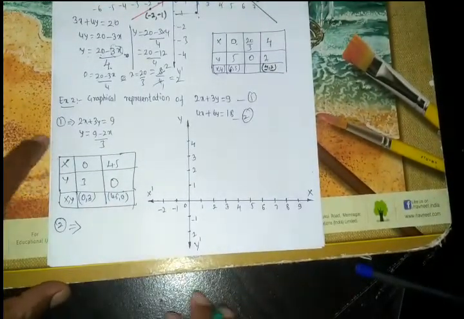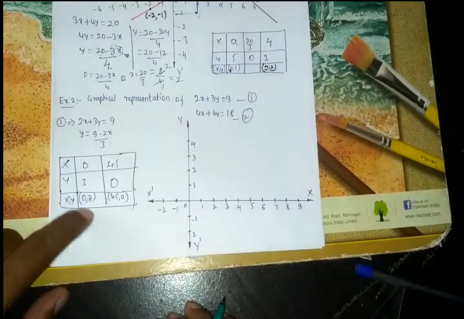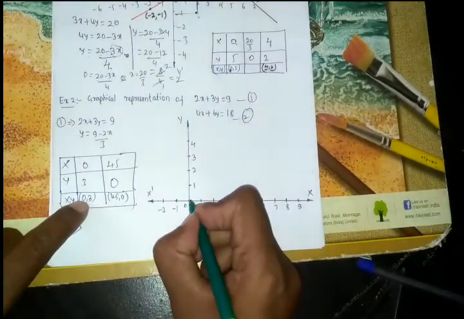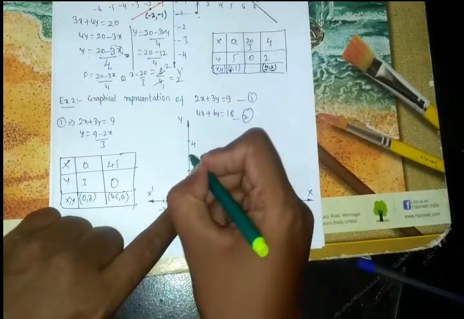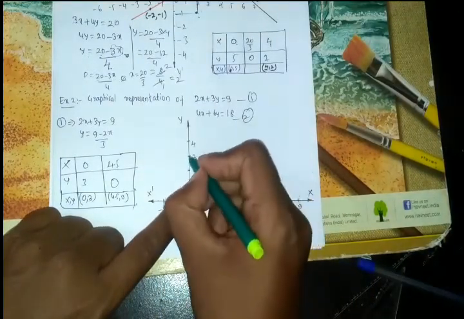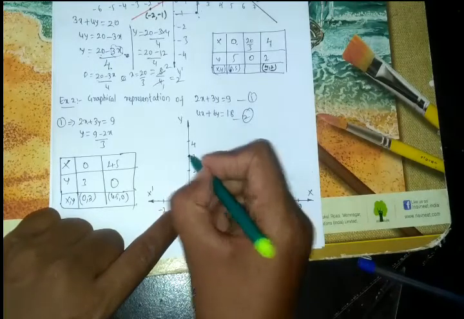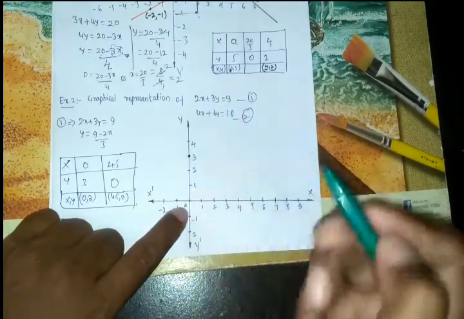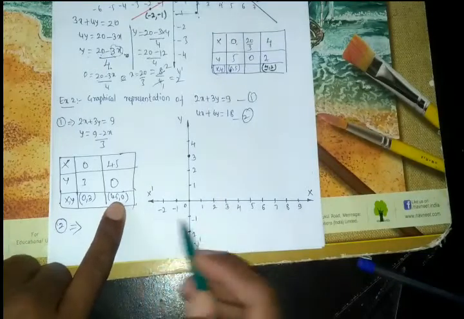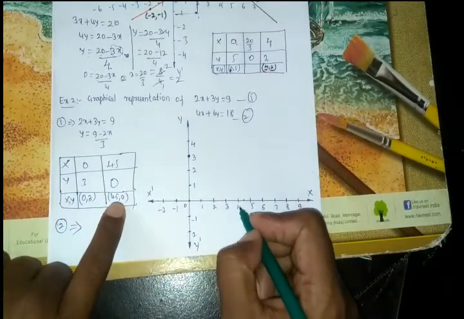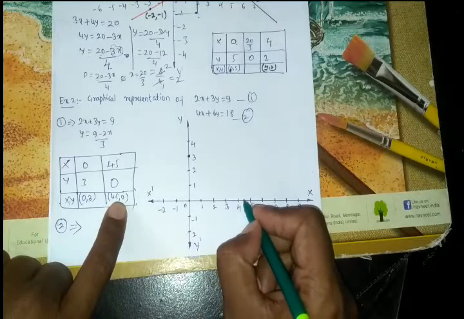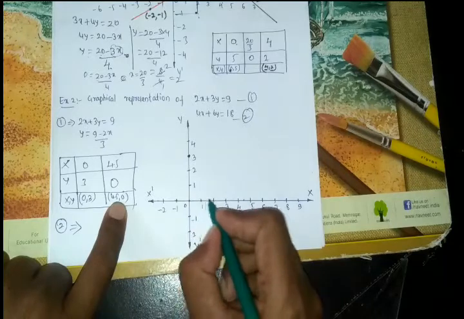When x is 0, y is 3, so here y is 3. And when x is 4.5, somewhere here, y value is 0.